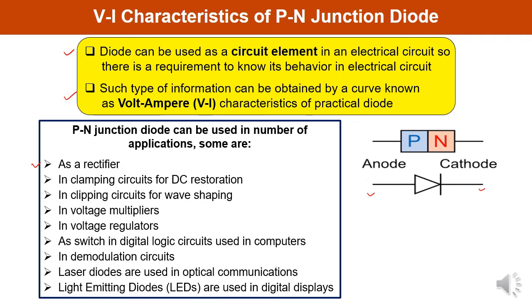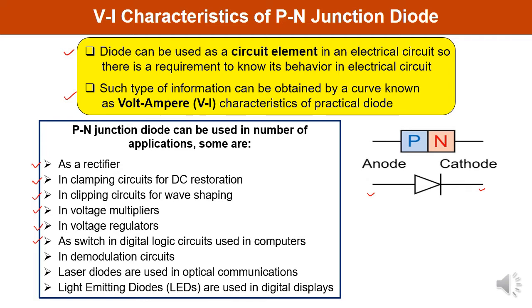PN junction diodes can be used in clamping circuits for DC restoration. It is used in clipping circuits as well for wave shaping. Voltage multipliers and voltage regulators are commonly used circuits where the PN junction diode is used. It is also used in digital logic circuits.